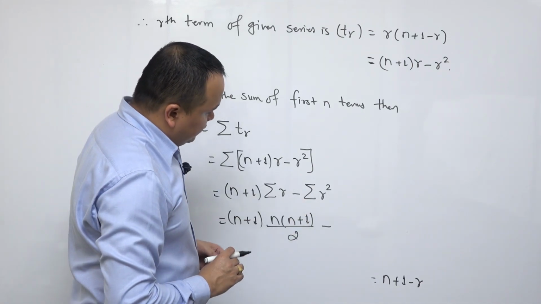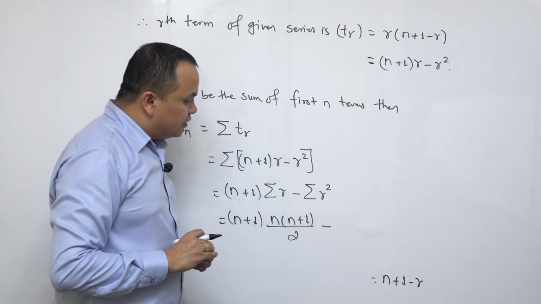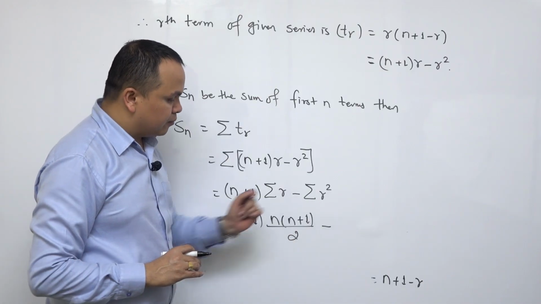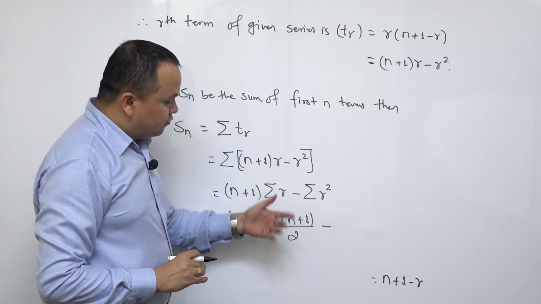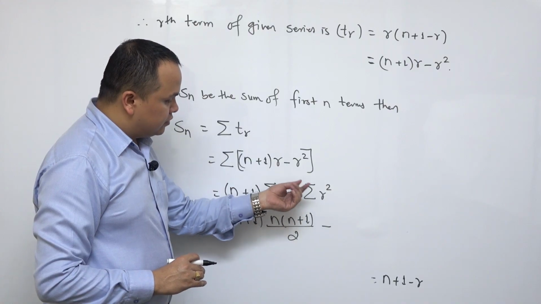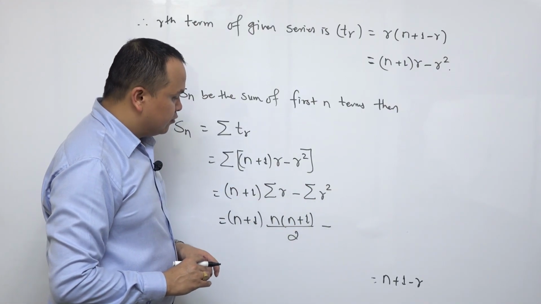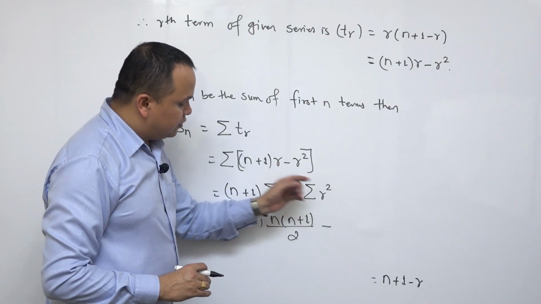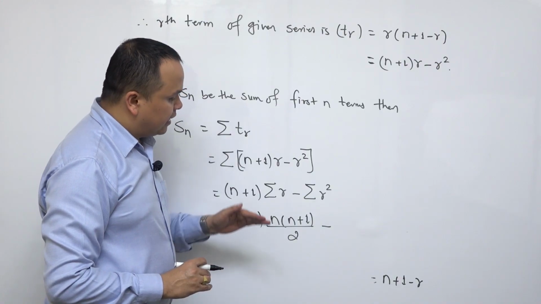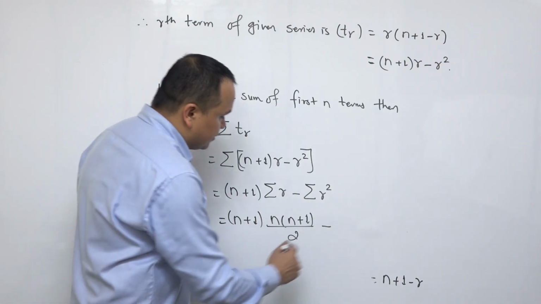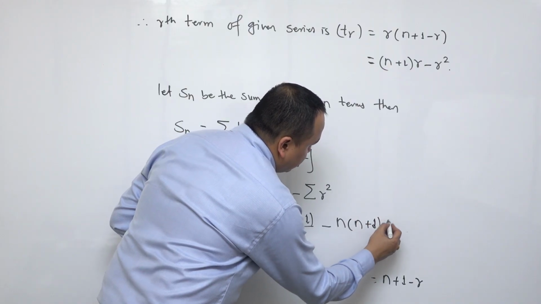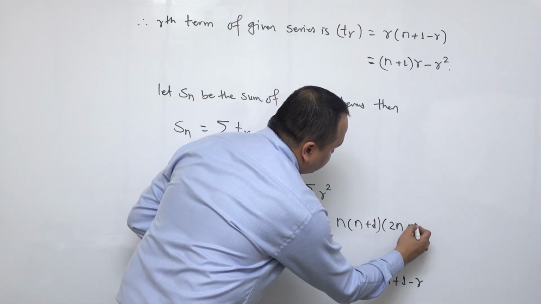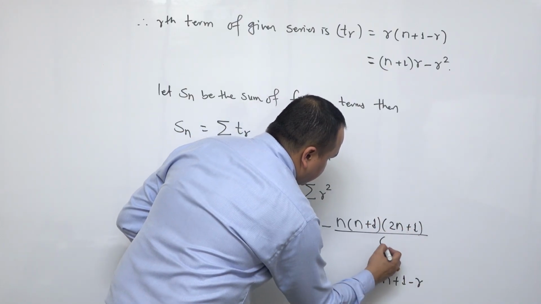Similarly, formula of sum of squares of first n natural numbers, because r runs from 1 to n. If we put r equal to 1, 2, 3, up to n, then we have 1 square plus 2 square plus 3 square plus up to n square. So this is n plus 1 times 2n plus 1 divided by 6.